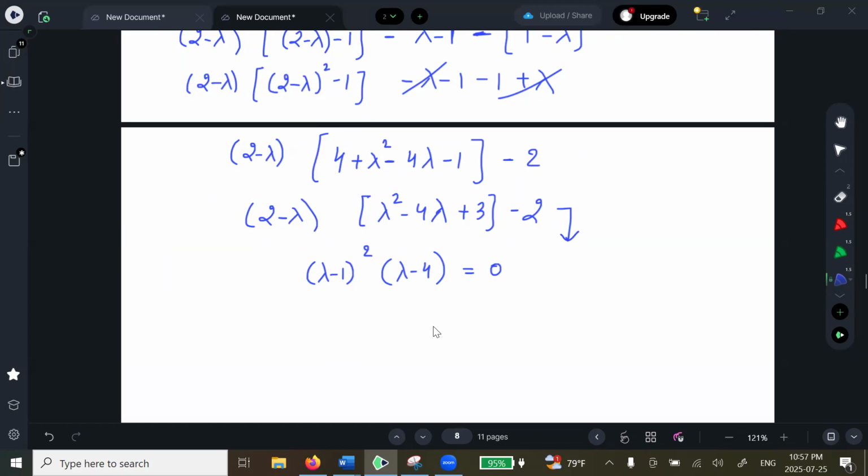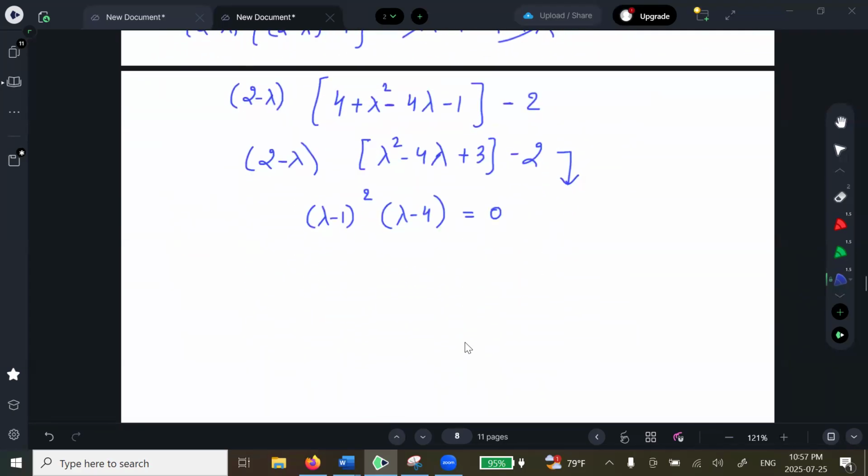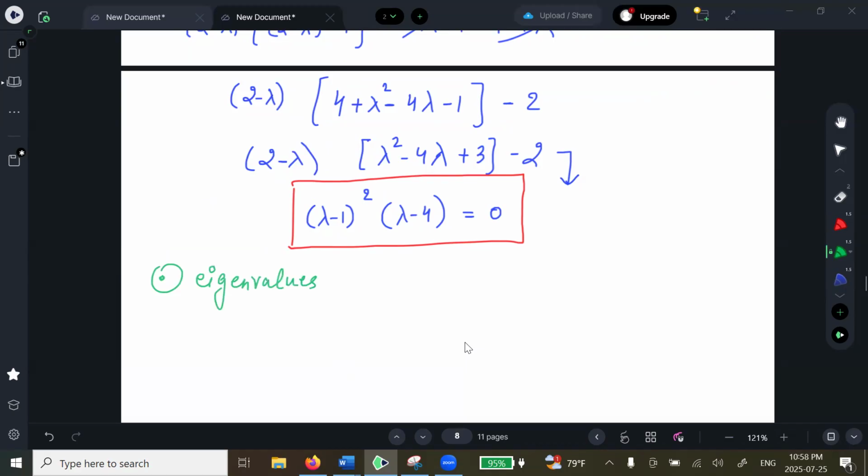Now, suppose there's no way you'll get this crazy complicated math in your exam. But if you end up with a characteristic polynomial like this, what are your eigenvalues? Can you tell? 4. Eigenvalues, now the multiplicity matters, right? 1, somebody said 1, yes.